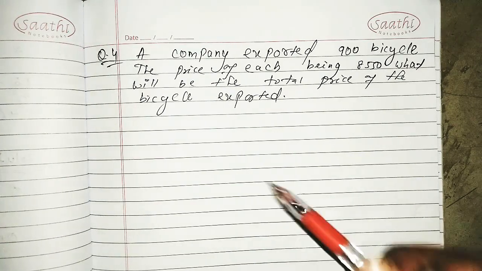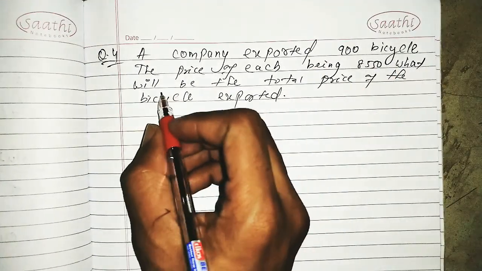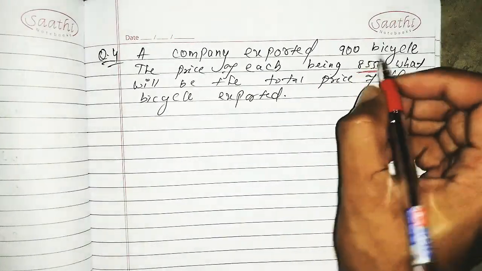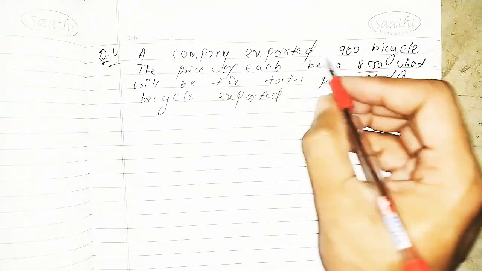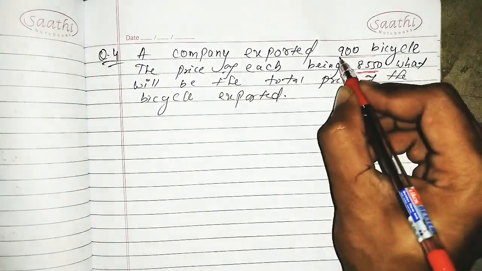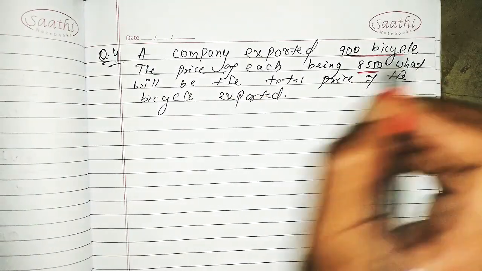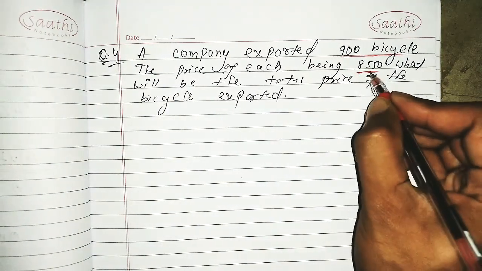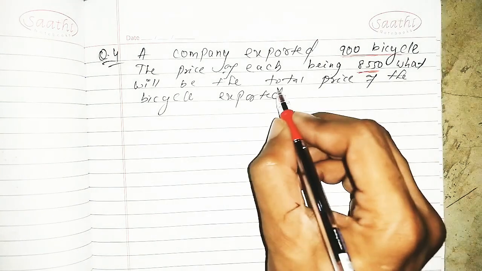A company exported 900 bicycles. The price of each is 8,550. 900 bicycles are exported by the company, and the price of each bicycle is 8,550. What will be the total price?